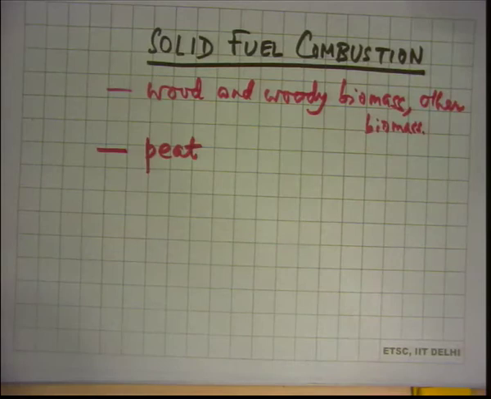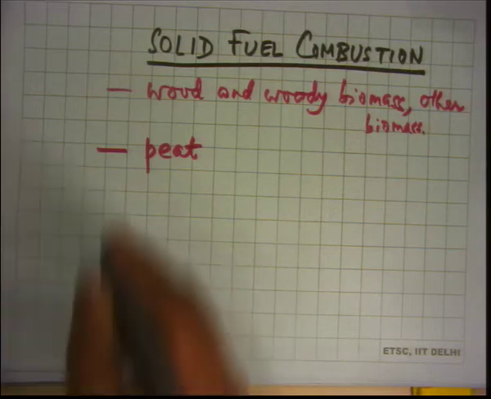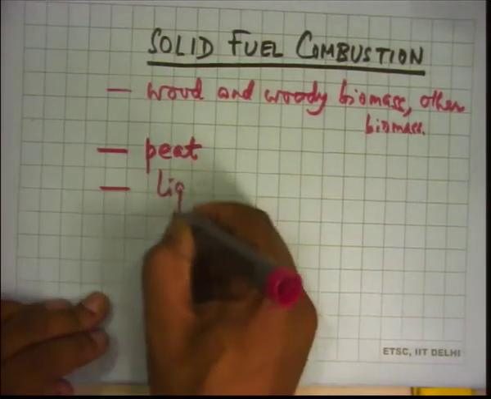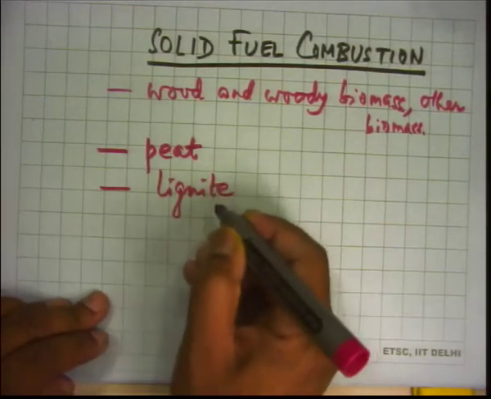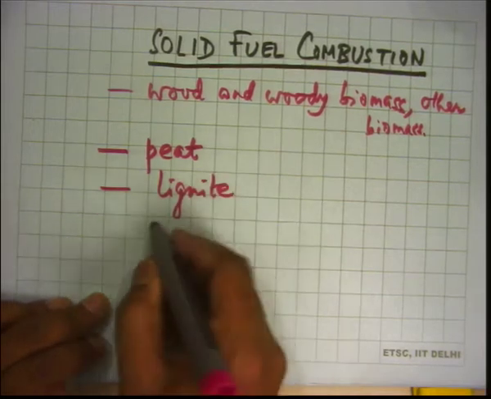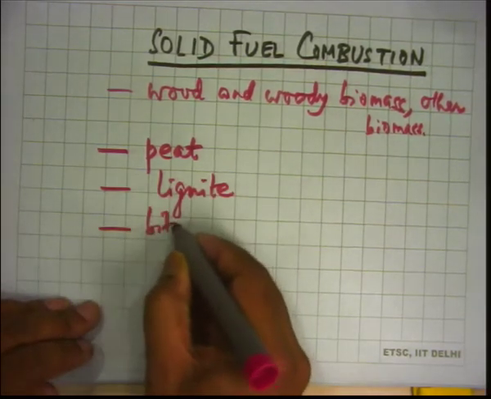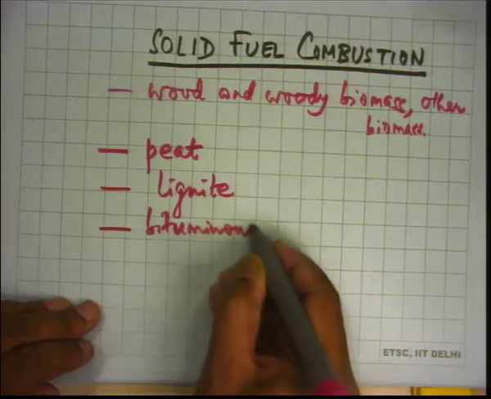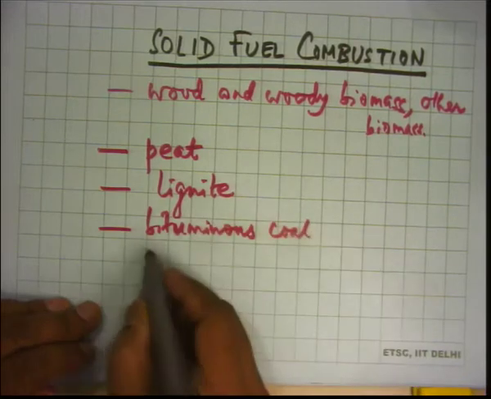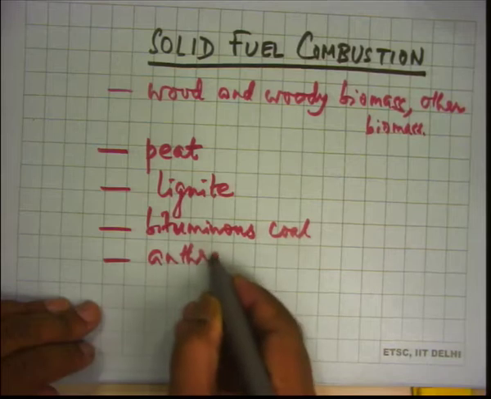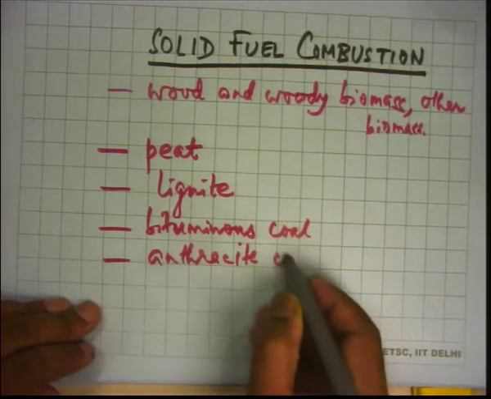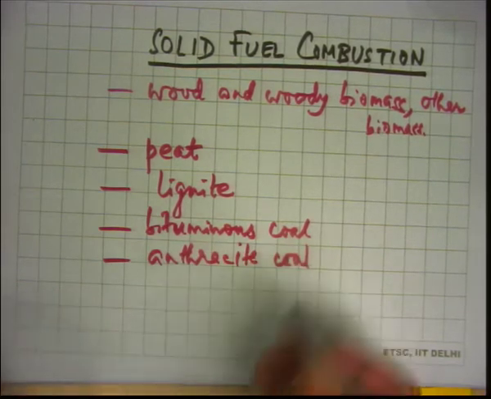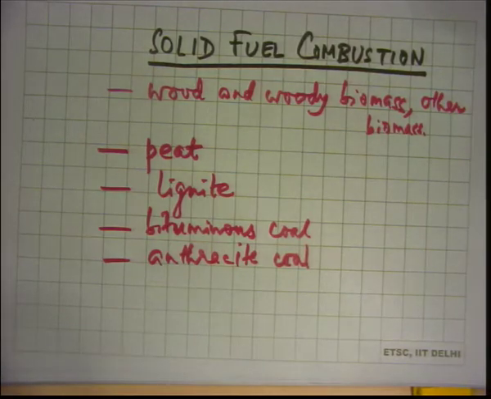Peat is something which is obtained from decaying woody plants in marshlands and watery bogs. Then lignite. Lignite is a lower form than coal, poor quality actually. Then we can have bituminous coal, anthracite coal. These are some examples of naturally occurring solid fuels.